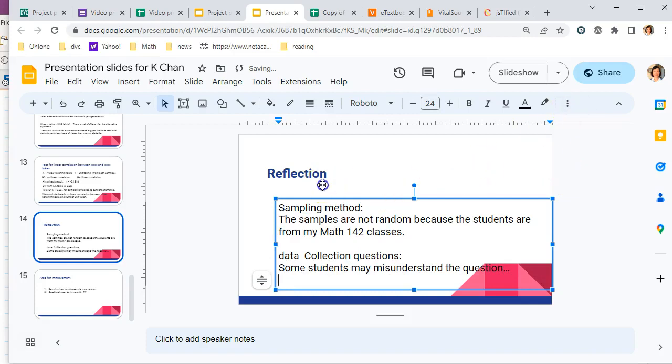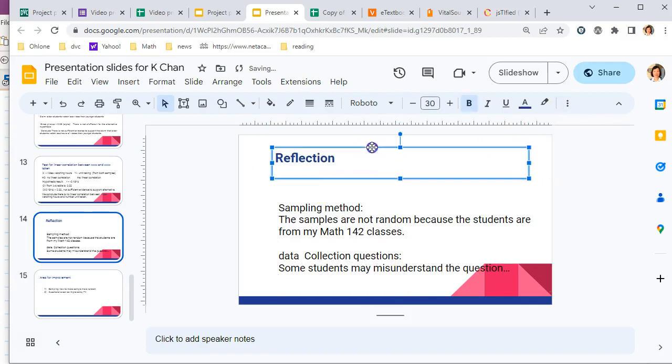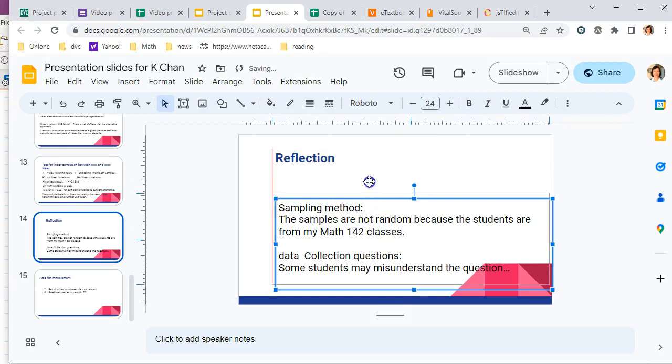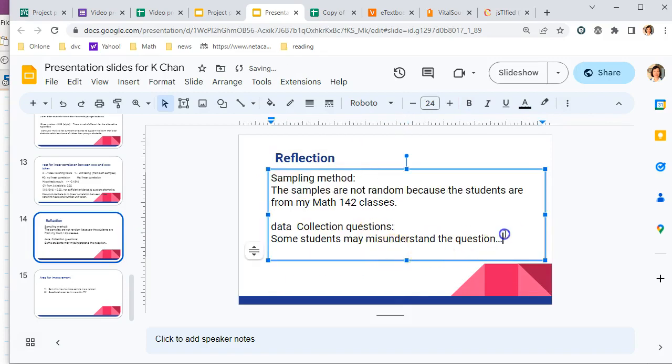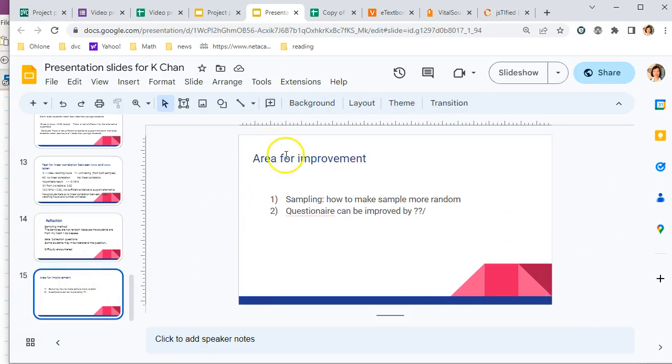So you can talk about that. Also, you can talk about whether it is difficult to collect data. Difficulty encountered. So here you can share what difficulty you encountered.